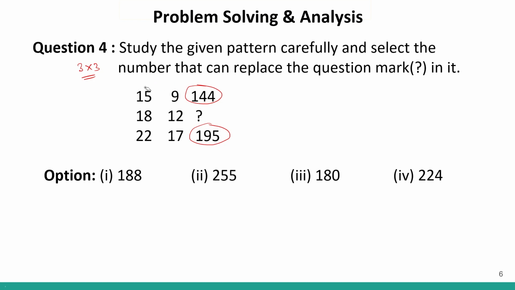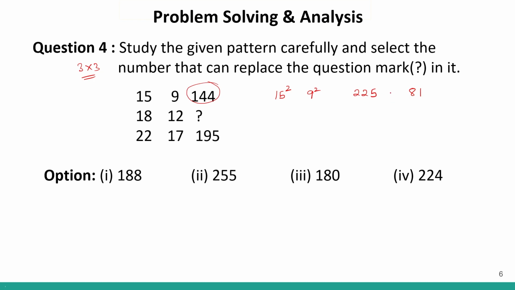Now, let us try. Here, if I take 15 square and I take 9 square, 15 square will be 225 and 9 square will be 81. So this number 144 lies somewhere between these two numbers, correct?